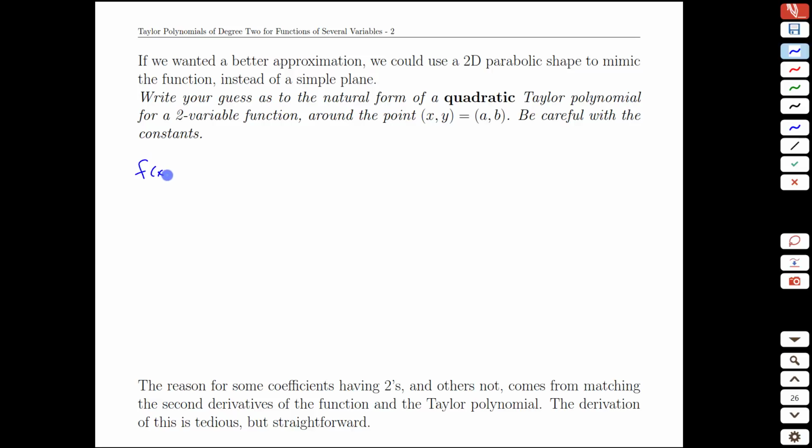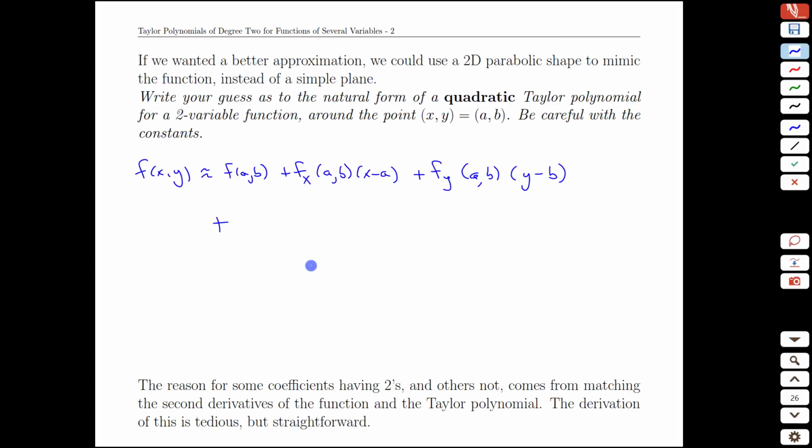If we imagine our function being approximated by a quadratic Taylor polynomial, well, we know we're going to have, by analogy from the fall term, or the first half of the course, the x derivative times x minus a, plus the y derivative at the same point (a, b) times y minus b, remembering that when we did quadratic Taylor polynomials before, they included all the linear terms plus some more stuff.